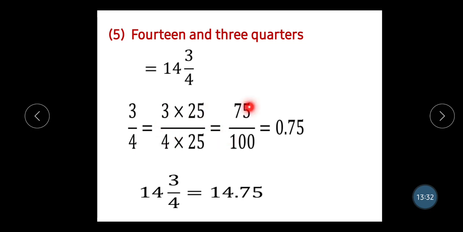That is equal to 75 upon 100. That is equal to 0.75. Now 0.75 we need to add to 14. 14 plus 0.75 we get 14.75. So 14, 3/4 is equal to 14.75 in decimal form.